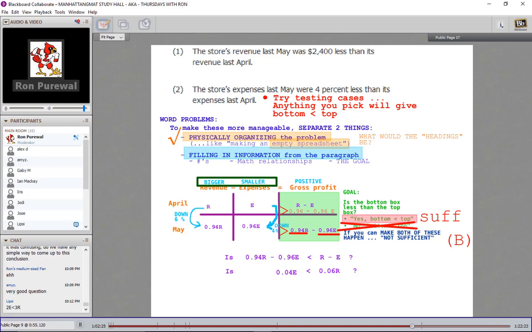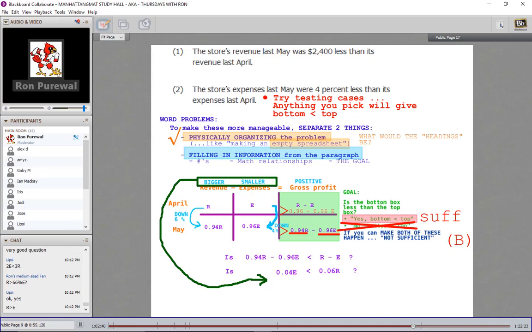If you don't use that, it means your answer is incorrect. R is bigger than E, so this is 4% of a smaller thing, a smaller percentage of a smaller quantity.